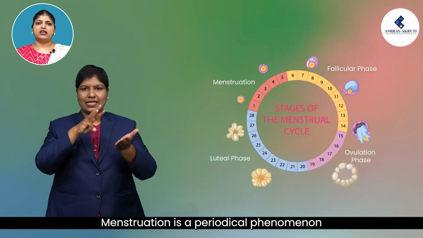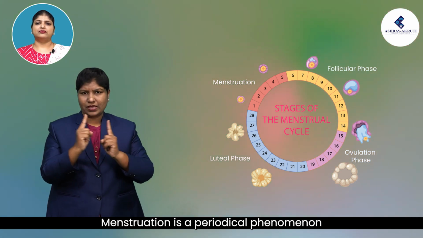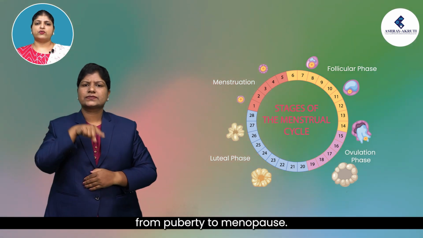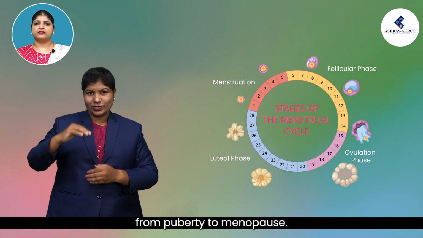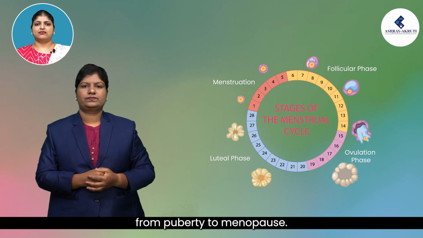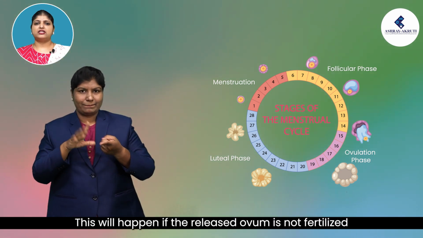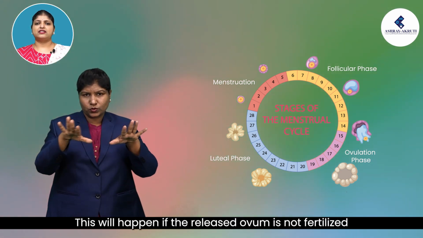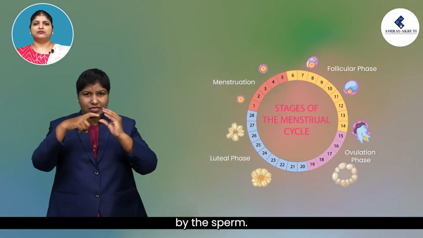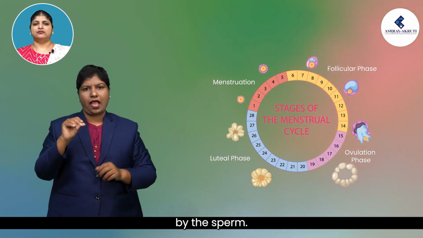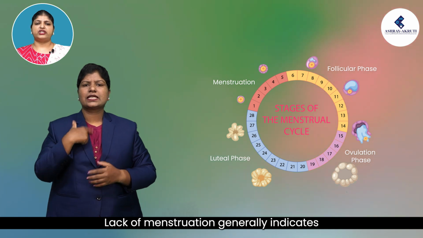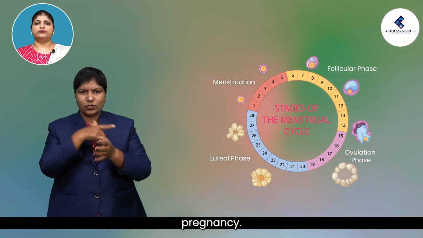Menstruation is a periodical phenomenon that continues from puberty to menopause. This will happen if the released ovum is not fertilized by the sperm. Lack of menstruation generally indicates pregnancy.